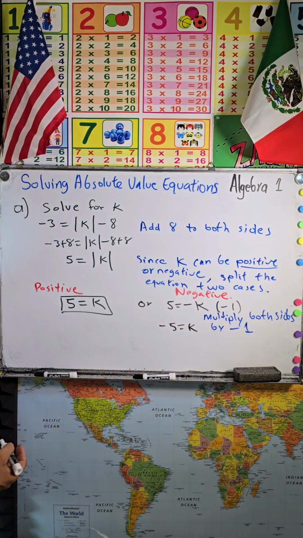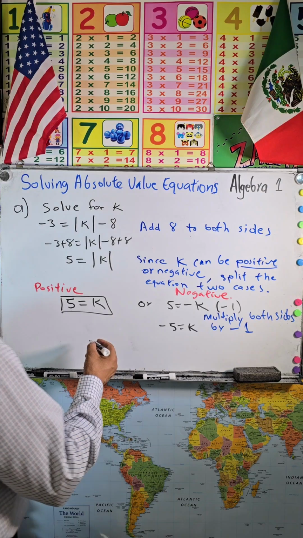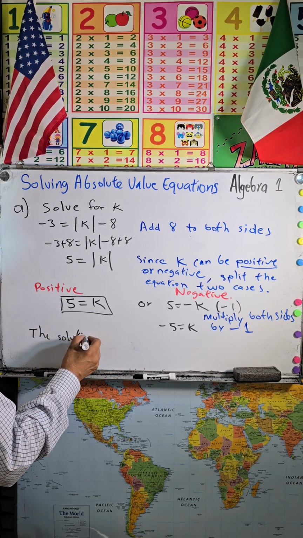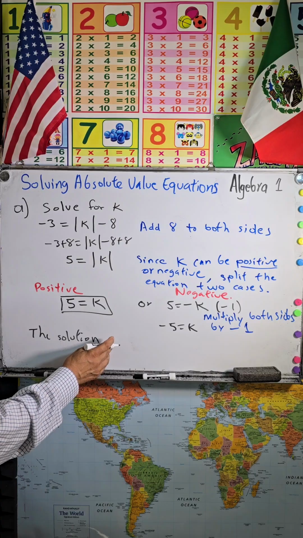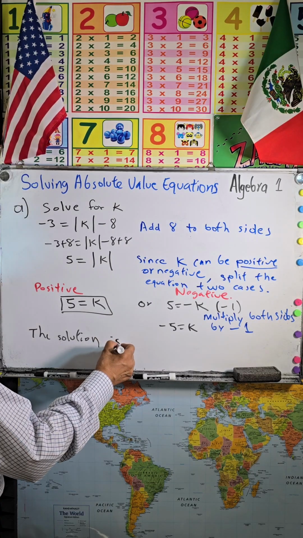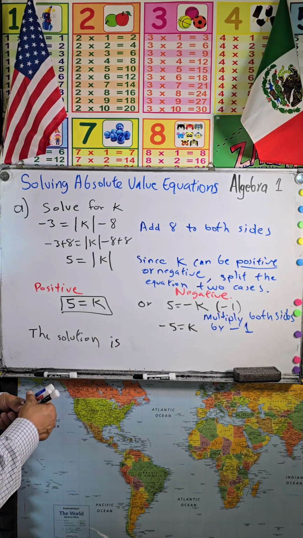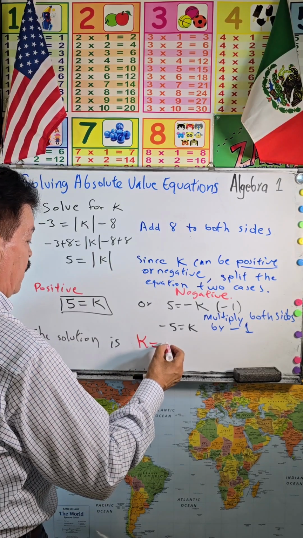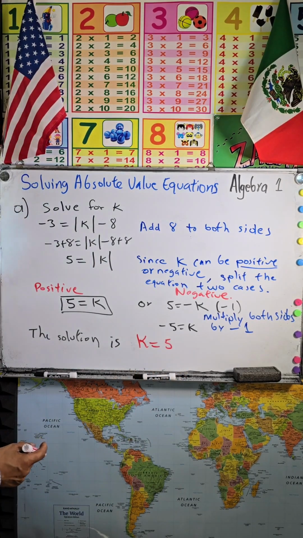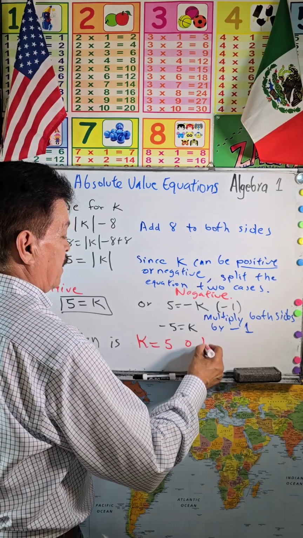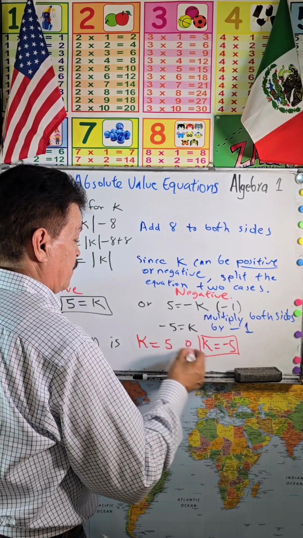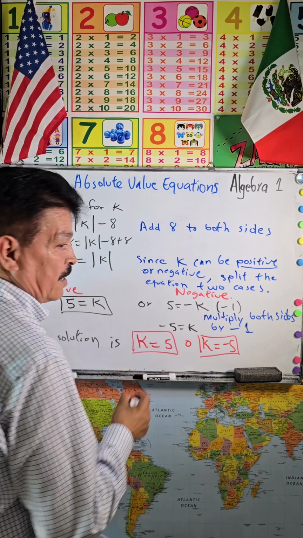So the answer is ready. The solution is k equals 5, or k equals -5.